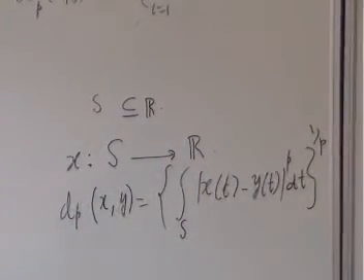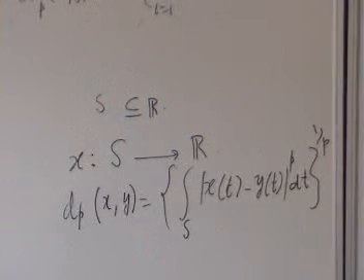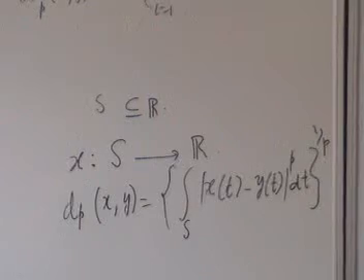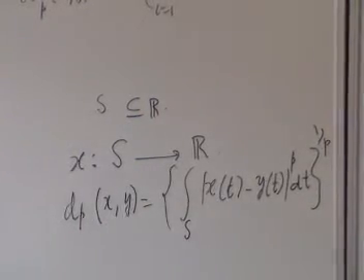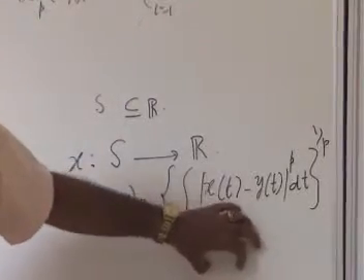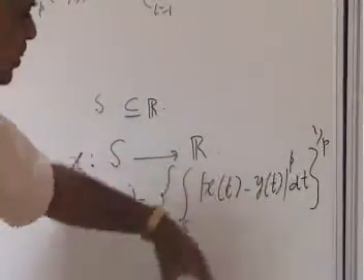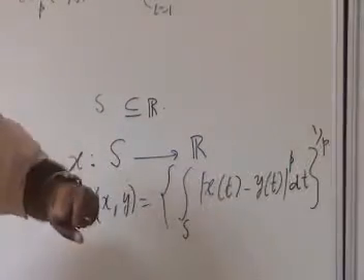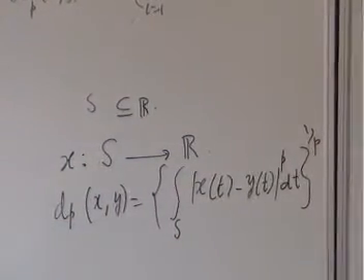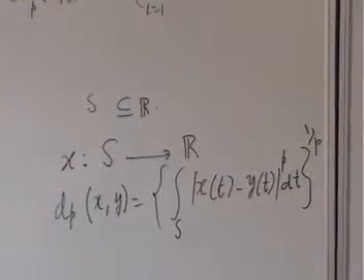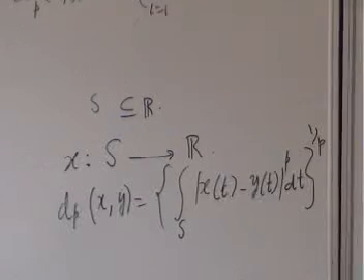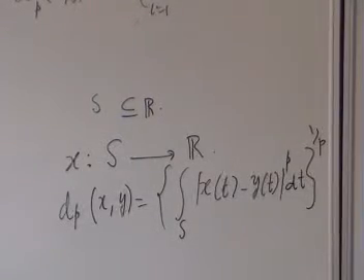You have to define the Riemann integral or the Riemann-Stieltjes integral or the Lebesgue integral or whatever you want to do. You have to choose the right integrals and then collect all those functions for which this is finite, because there is no guarantee that it will be finite. Take only those functions for which this is finite and define the distance on them to be this. That will be a metric space, and that will be the classical Banach spaces or whatever that one deals with. But we will come to this a little later.